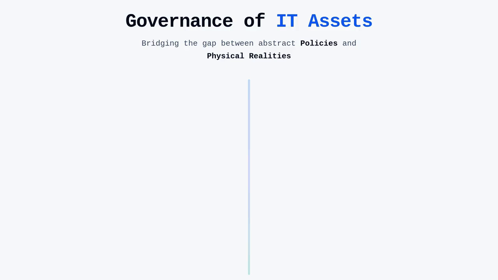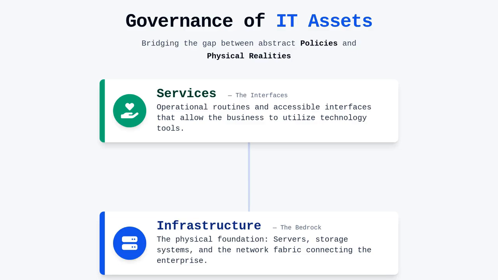Services, infrastructure, and applications represent the tangible technology foundation upon which all other governance activities rely. Without these components, an enterprise would lack the processing capabilities required to execute its business strategy or deliver value to its stakeholders. Consider infrastructure as the bedrock, comprised of servers, storage systems, and the underlying network fabric that connects disparate parts of the organization.